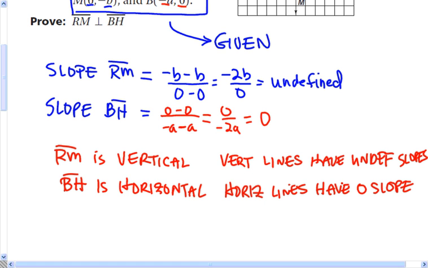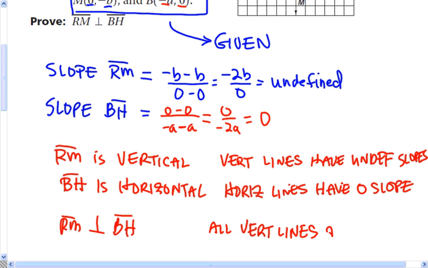And so we can now say that segment RM is perpendicular to segment BH. And that's because we learned earlier in the year that all vertical lines on a coordinate plane are perpendicular to all horizontal lines.